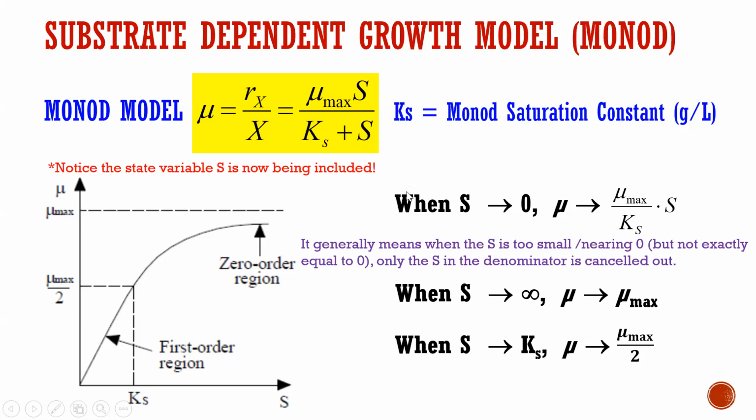It's the opposite of the first case, all right? So you have mu max, and this S and S can be cancelled off. So that explains why mu equal to mu max, all right?